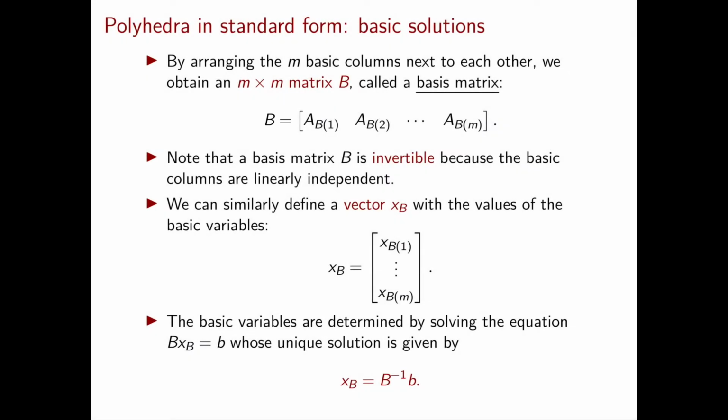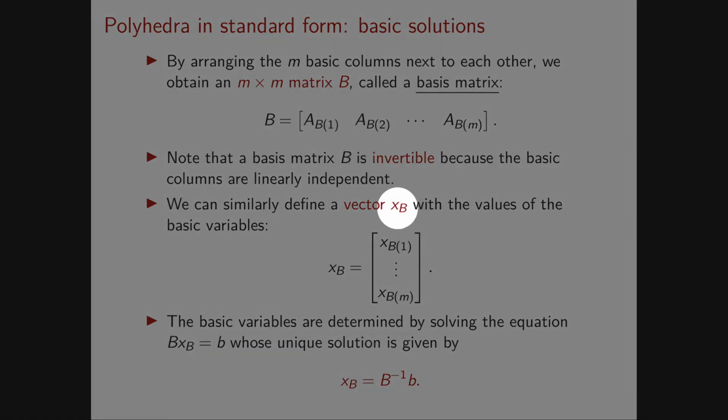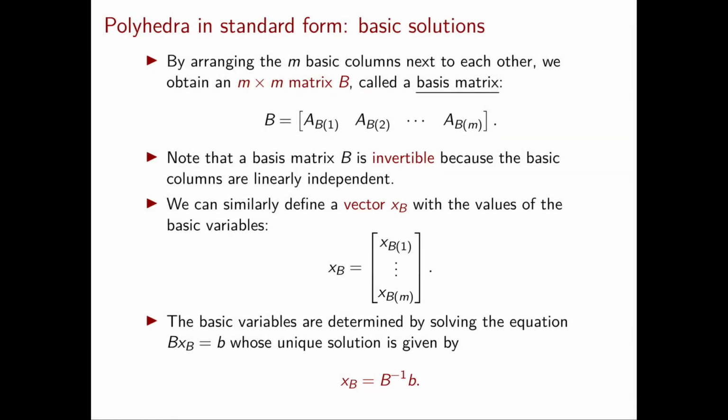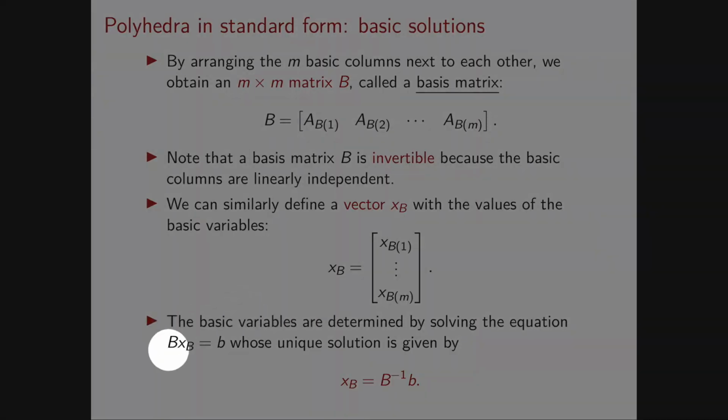Another notation that I will be using is xB. xB is a vector that contains as its components xb1 until xbm. With this notation in place, I can easily write how to obtain my basic solution. In fact, in my original system Ax equal to b, once I've set to 0 all the non-basic variables, I am left with the system BxB equal to b.